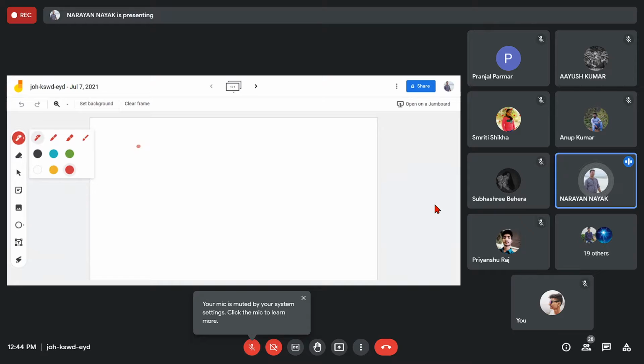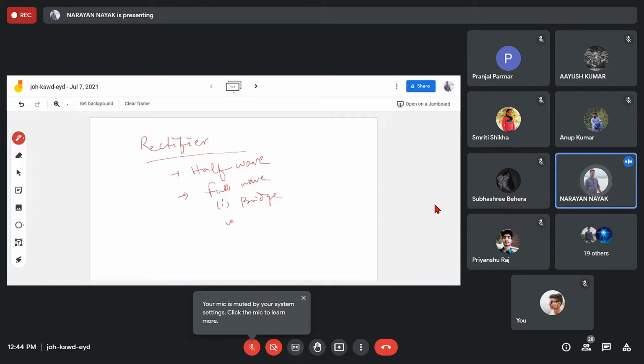So the rectifier circuit, in the last class I have discussed. One is the half wave rectifier, and the second one is the full wave rectifier. Full wave is two types: one is bridge, and the second one is center tap.